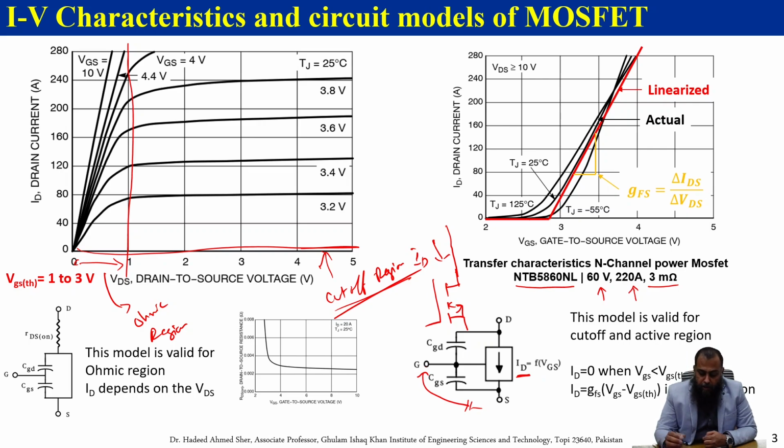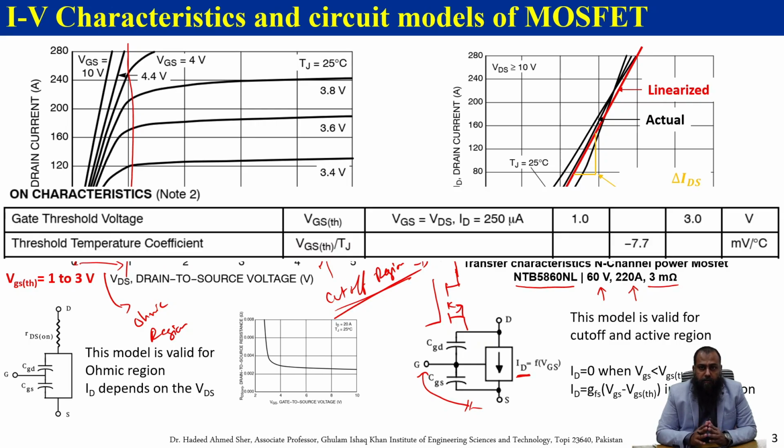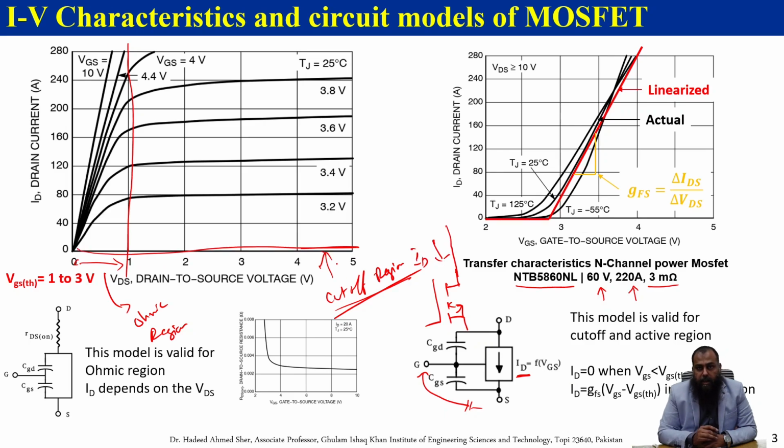ID is equal to 0 whenever the gate to source voltage is less than the threshold voltage of that given MOSFET. For any given data sheet, there is a threshold voltage which is usually between 1 to 3 volts, and sometimes equal to 4 volts, below which the transistor will remain in this cutoff region.